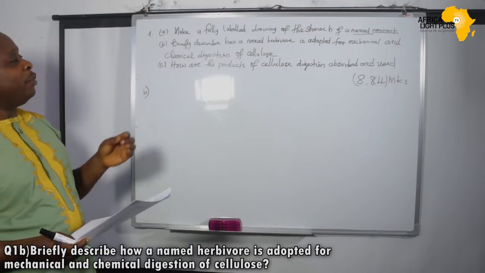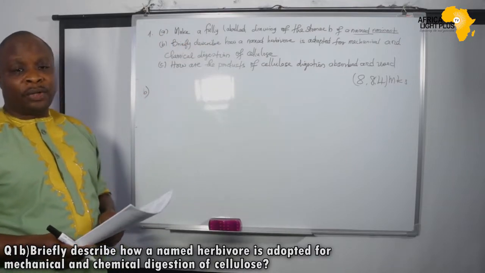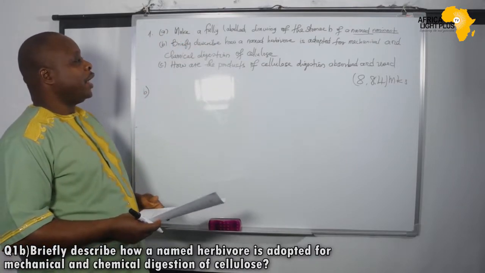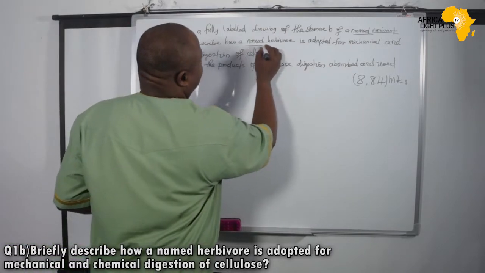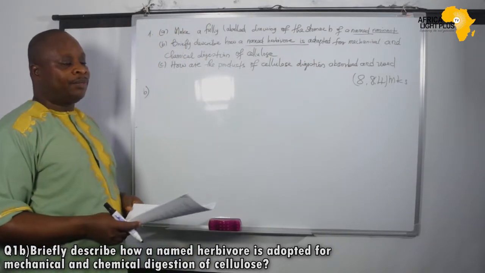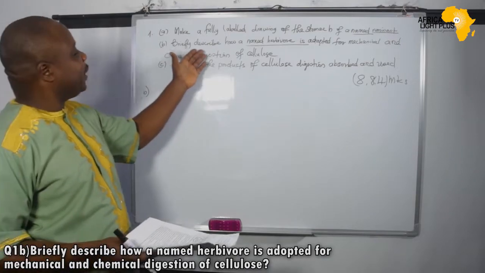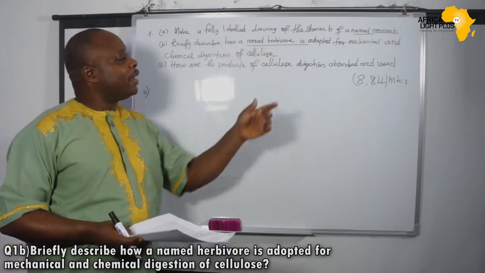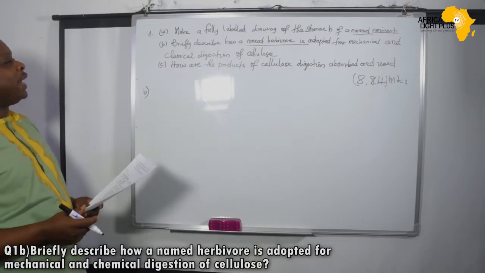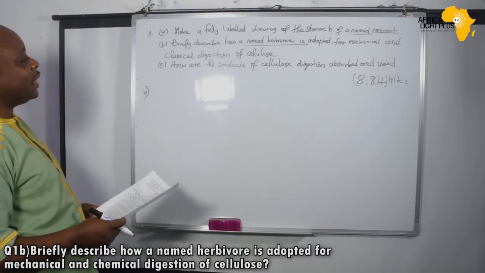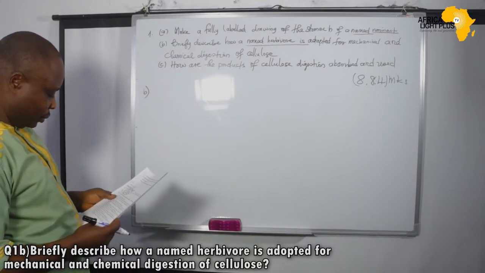So the name of the herbivore must come first before the description. If the name is not there, marks off.